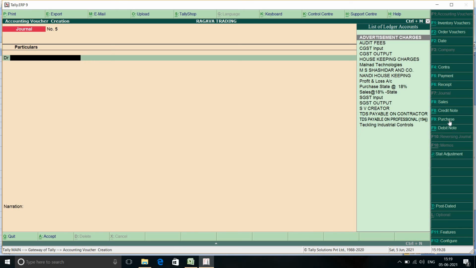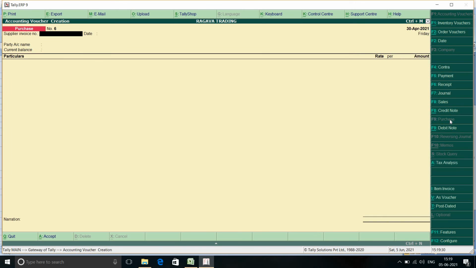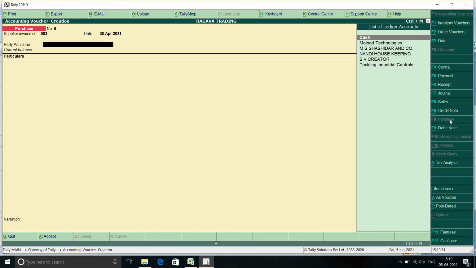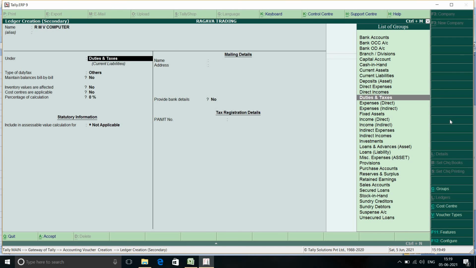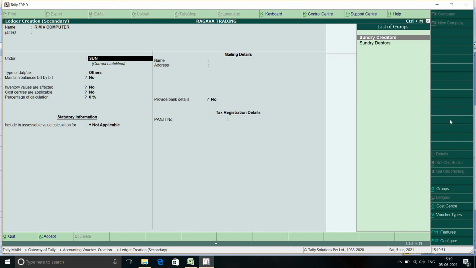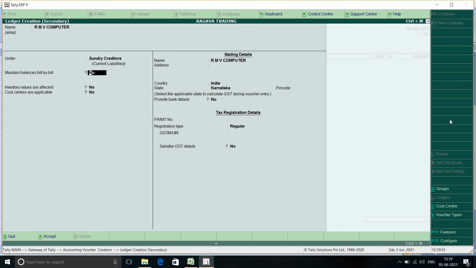One more bill I will pass the entry for, a purchase bill. RME computer, under sundry creditors.